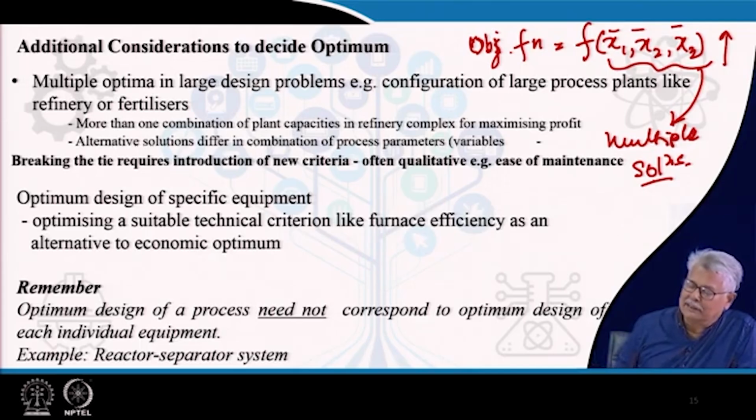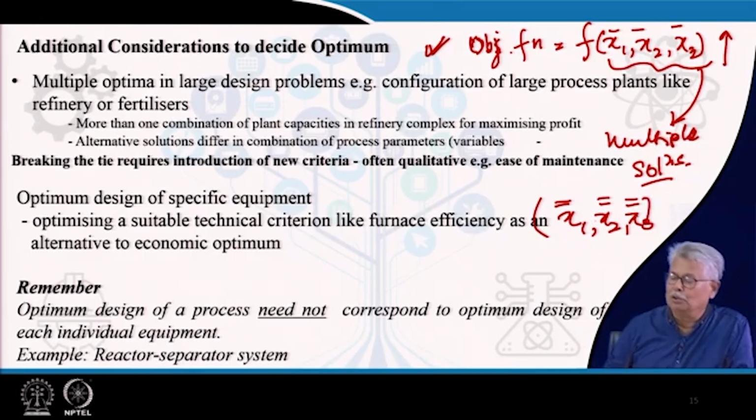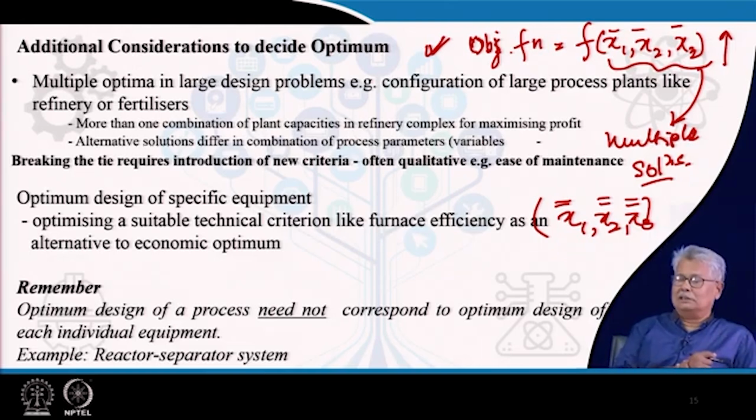It simply means x1 bar, x2 bar and x3 bar, which I have shown here on the board, is not the only set which gives you the minimum value of the objective function. I could also have a combination of x1 double bar, x2 double bar and x3 double bar which is going to give you the same objective function as well. So, possibly the user or the designer, when he finds there exist multiple solutions, has to choose between the two.